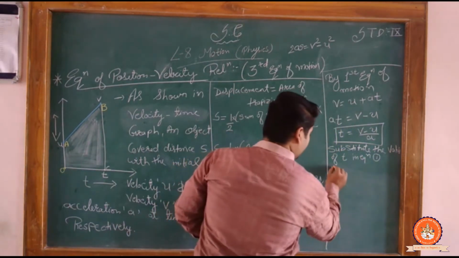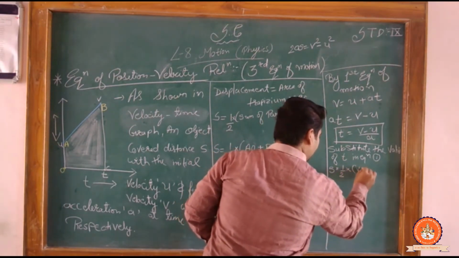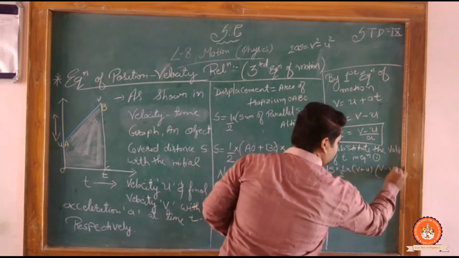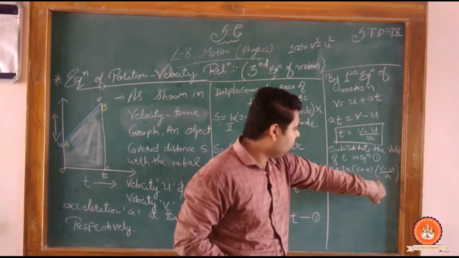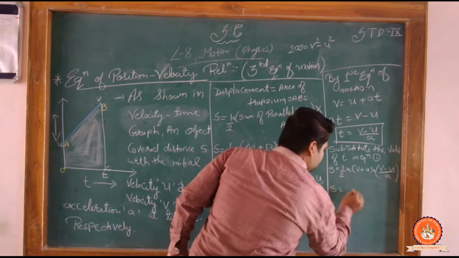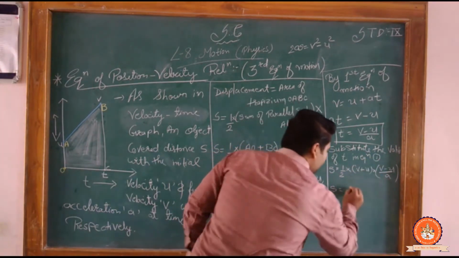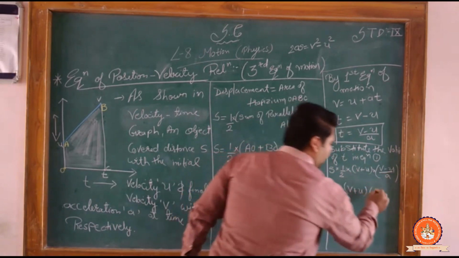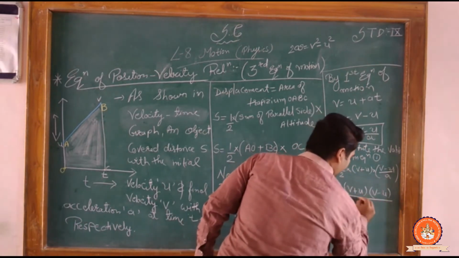So A is equal to what? 1/2 multiplied by V plus U, and in place of T we put V minus U divided by A. Wherever T appears, we put this. Clear? Now 1 multiplied by anything is the anything. So V plus U, and multiplying with 1 keeps it the same, V minus U divided by 2A.